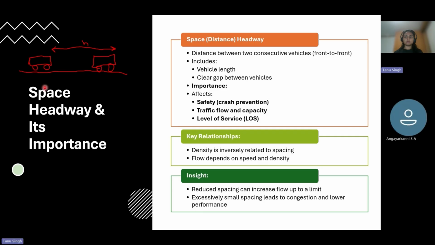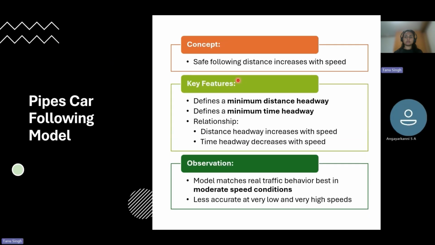The distance between two consecutive vehicles is the space headway, whereas for time headway, if we mark a point on the road section, when the first vehicle's front crosses this point, we measure the time when the second vehicle crosses the same point. That difference is the time headway. So this model defines both the minimum distance headway and minimum time headway.